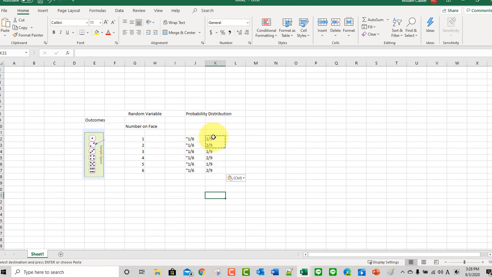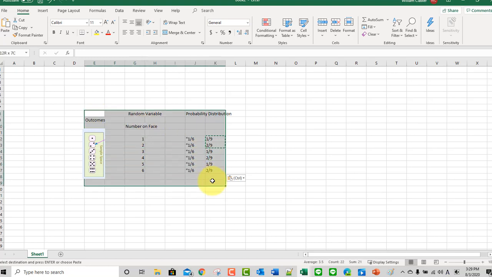You can agree with that. The first one is probably 1/9. The next one is probably 2/9. But when you add these all up, you still get 1. That was one requirement that we needed, and we have that here. And then I could come up with other probabilities. As long as they add up to 1, they would all be different probability distributions for this random variable, the number on the face.